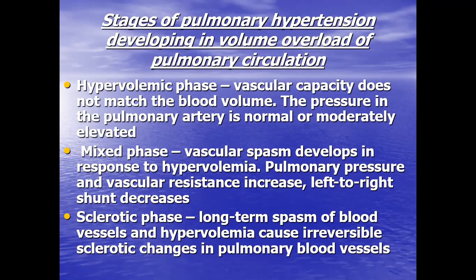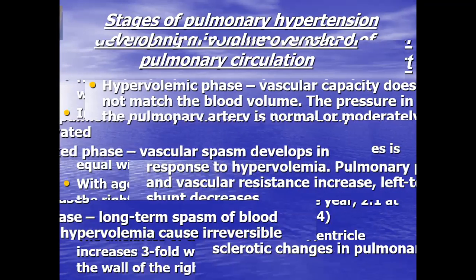Vascular spasm develops in response to hypovolemia, and pulmonary pressure and vascular resistance increase, and left to right shunt decreases. And long-term spasm of blood vessels and hypovolemia cause irreversible sclerotic changes in pulmonary blood vessels, and the last stage develops.